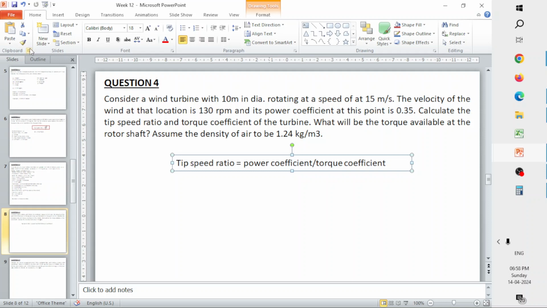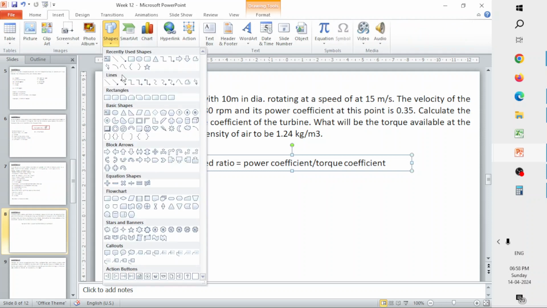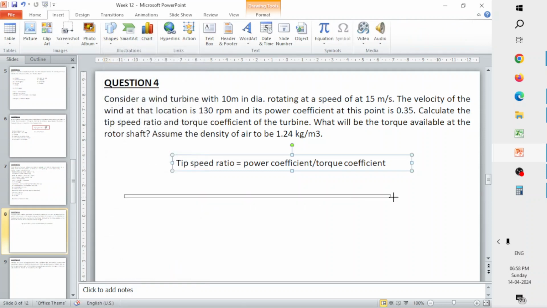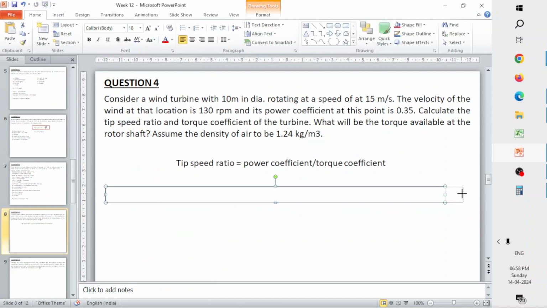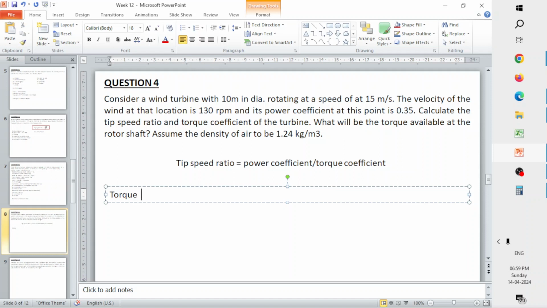So here torque can be expressed as Ct times 0.5 times rho times A times U square.